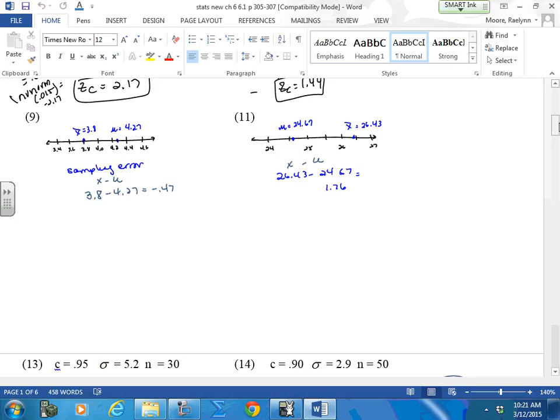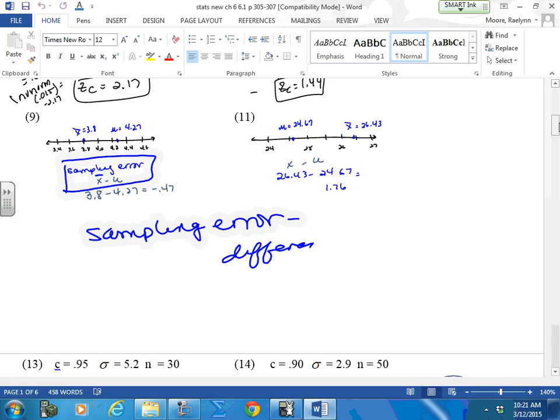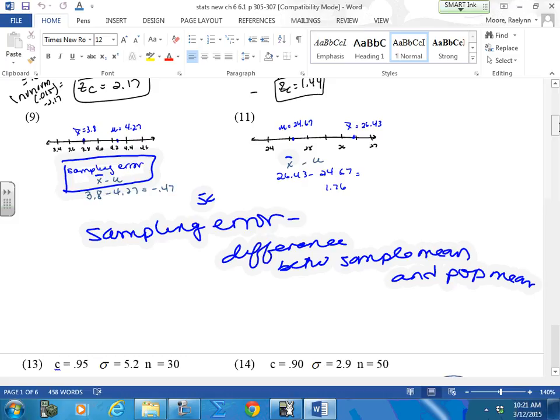Your sampling error is the difference between the sample mean and the population mean. Subtract your sample mean minus your population mean.